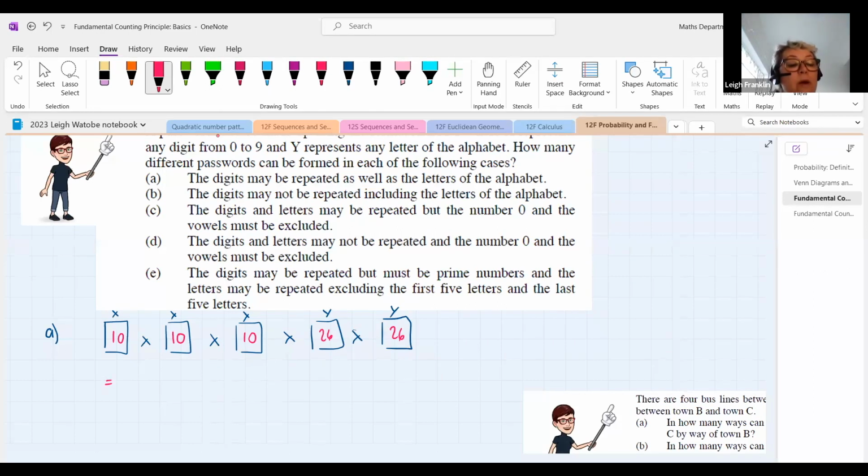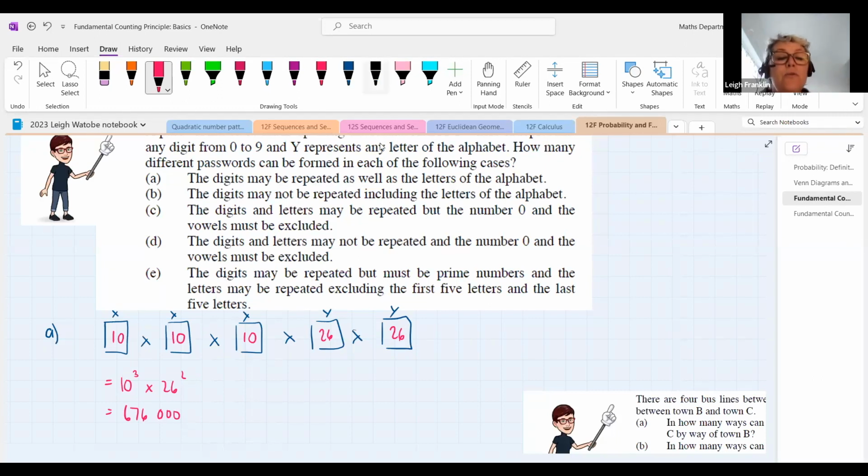Okay, so that's where we end up with 10 to the power of 3. Now 10 to the power of 3 is not 30, it's 1,000. Okay, because it's 10 times 10 times 10 times 26 squared. So it's going to be 26 squared times 10 cubed. All right, so that should be 676,123.